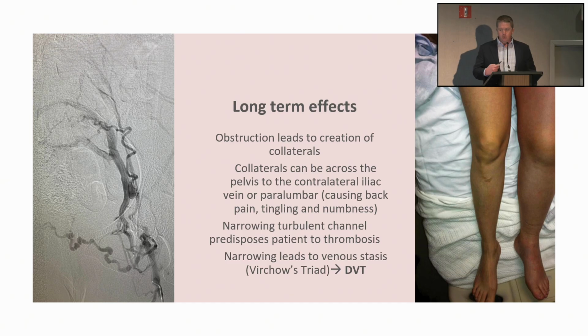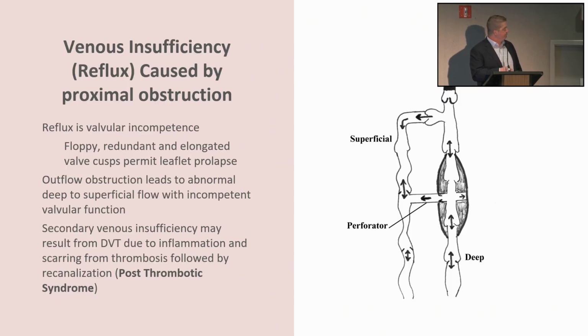The body has created these collaterals in an attempt to drain the blood flow from the left leg and get adequate drainage. But patients can oftentimes present like this, where they've had unilateral swelling for years, they've had multiple DVT workups, and nobody's ever actually put an ultrasound probe above the inguinal ligament to see if there might be some sort of pathology up top.